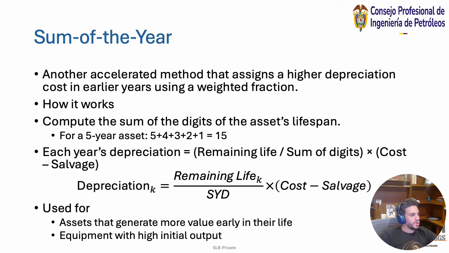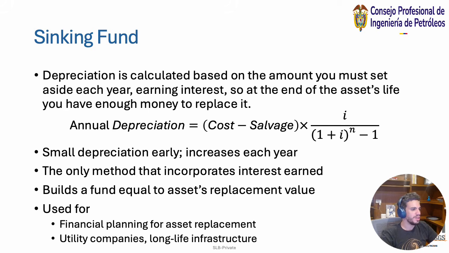And this is used for assets that generate more value earlier in life. So equipment with high initial output, right? You can think of different equipment in the petroleum field where the initial output would be much higher, and then it depreciates over time, right? So you would use the sum of the years method.